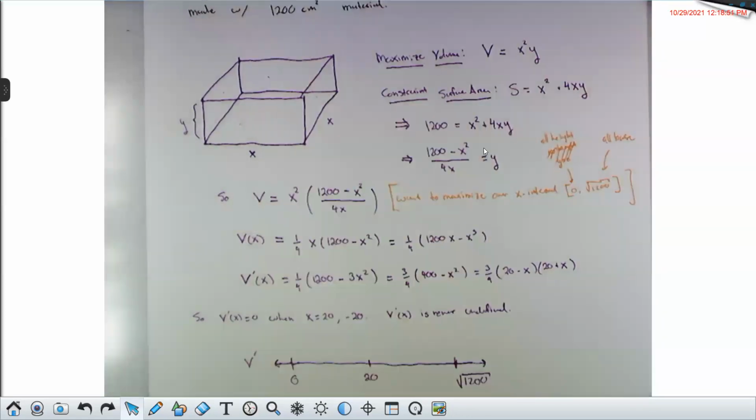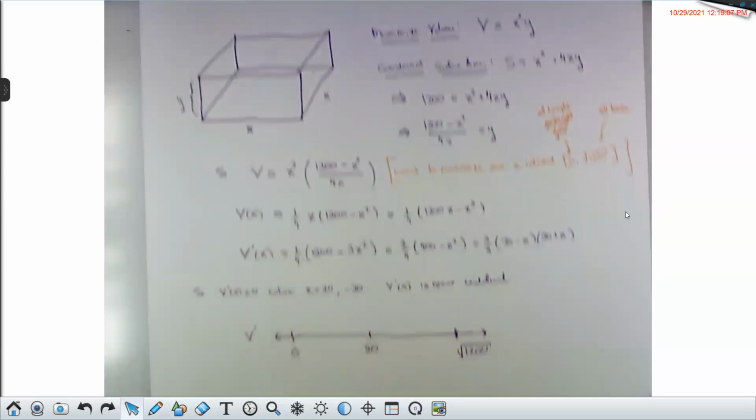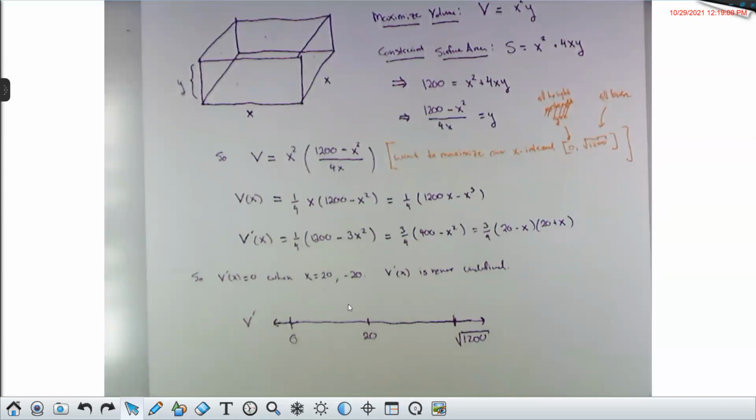So if we're putting all the material into the base, making the height as small as possible, then that base would be square root of 1200 by square root of 1200 in length. And if we're putting all the material into the sides, putting no material into the base, then the base would have side length 0. But again, you really don't need this information to solve the problem because we have our theorem, which says if you're always increasing to the left and always decreasing to the right, then this has to be an absolute max. And that's what we're going to find here.